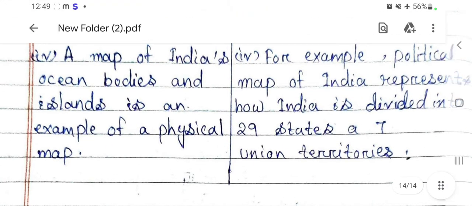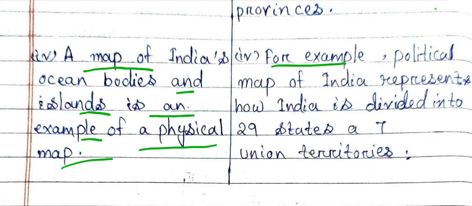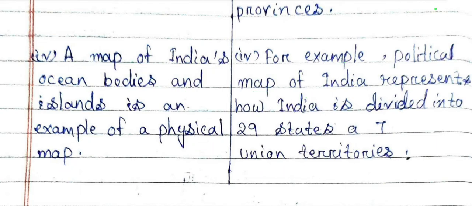The next point, a map of India's ocean bodies and islands is an example of physical map. For example, political map of India represents how India is divided into 29 states and 7 union territories.